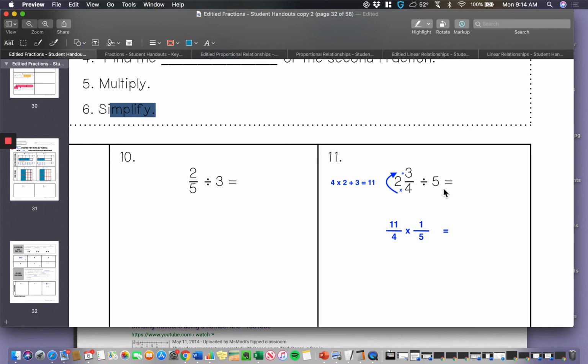Flip the second fraction, which would have been 5 over 1. Then I can multiply straight across. 11 times 1 is 11, and 4 times 5 is 20. So my answer for that one is going to be 11/20.